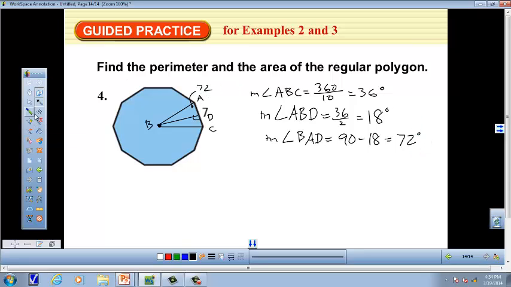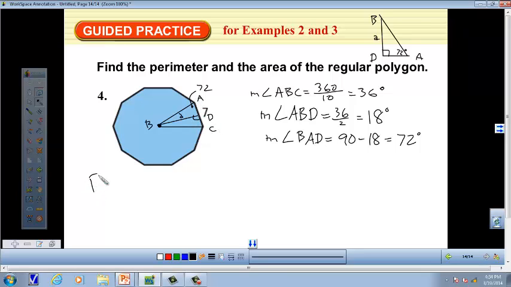If I draw that triangle up in the corner, so that this is D, this is B, and that's A, we know this is 72 degrees. We know BD is our apothem, and we don't really need to know this part because we already have it.